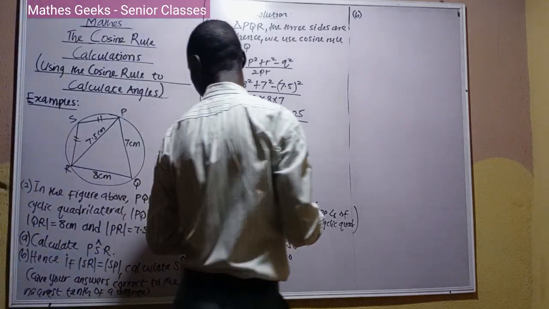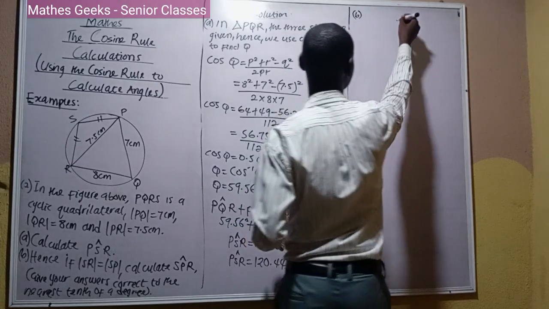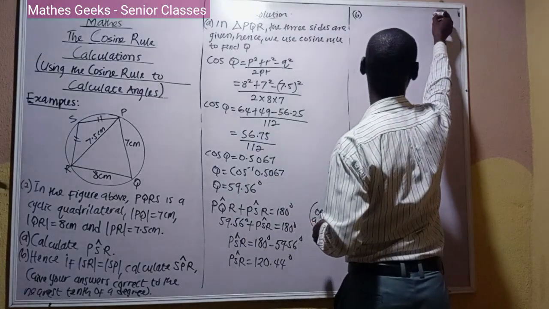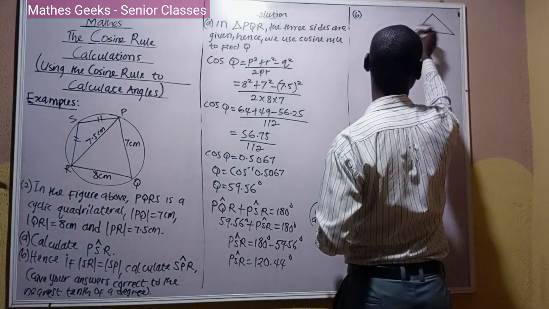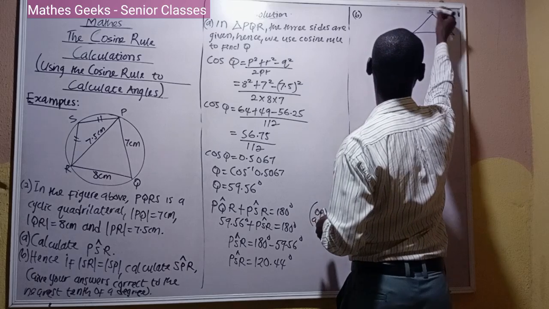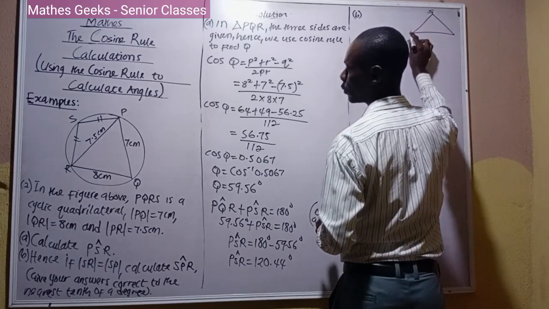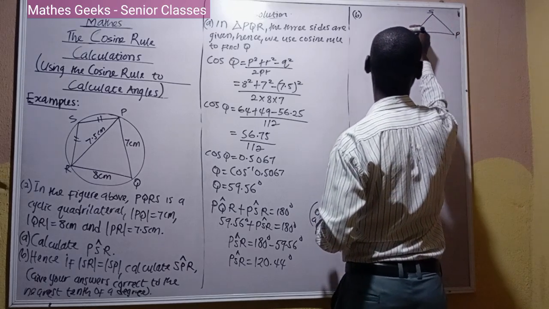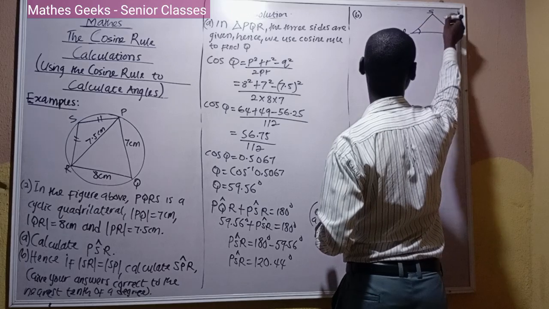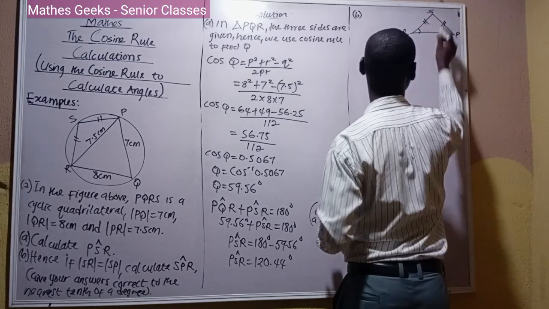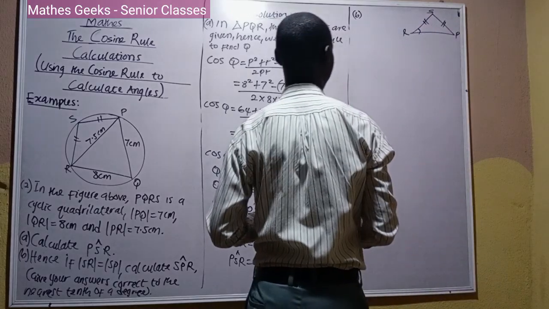So we have to look at triangle SPR. Let me just draw a sketch here. It may not really be necessary, but let me draw it. This is S, P, R. So we're asked to look for this angle here. These two sides are equal, so it is an isosceles triangle.